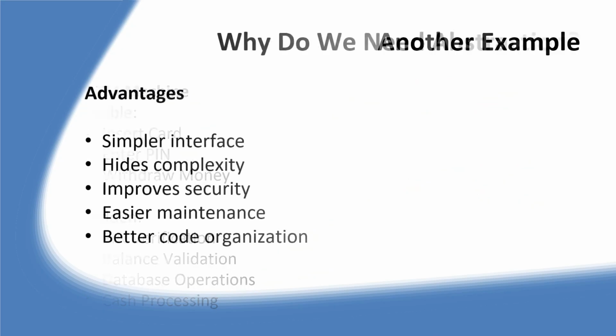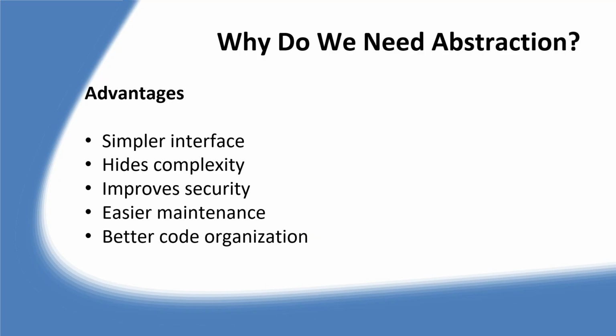Now we will move to the next question. Why do we need abstraction? What is the need? So the first thing is it hides unnecessary complexity. Why do we call it unnecessary? Because it is not required by the end user.